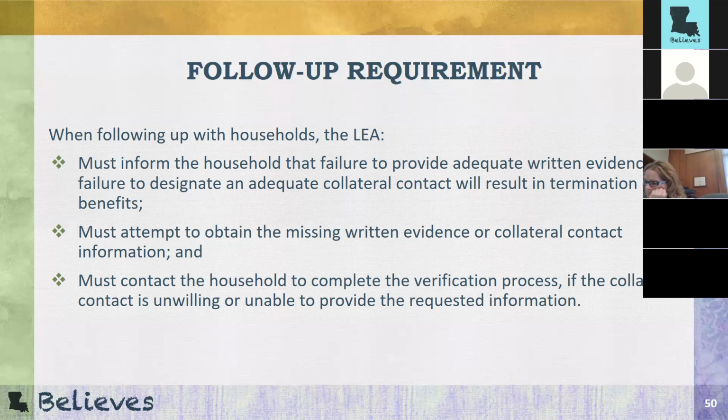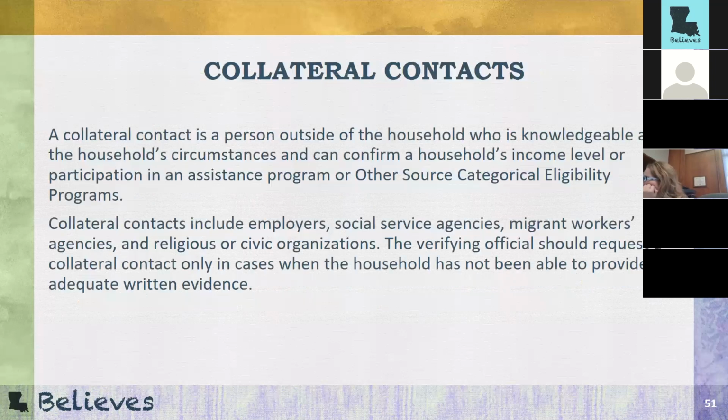Let's discuss what a collateral contact is. A collateral contact is a person outside of the household who is knowledgeable about the household circumstances and can confirm a household's income level or participation in an assistance program or other source categorical eligibility programs.